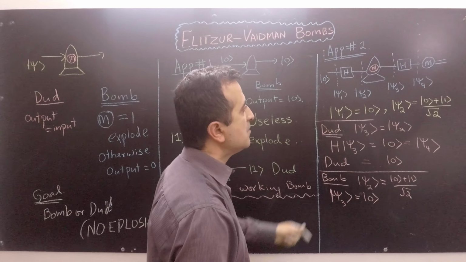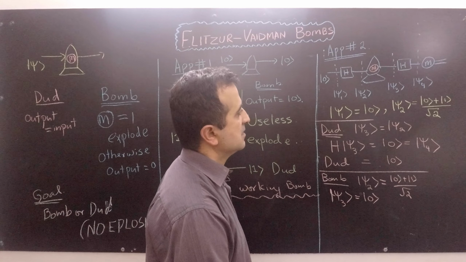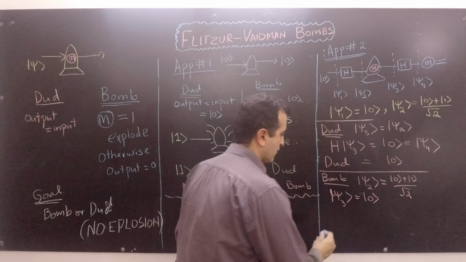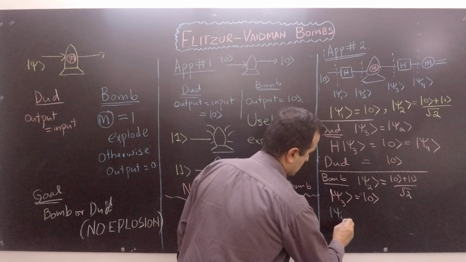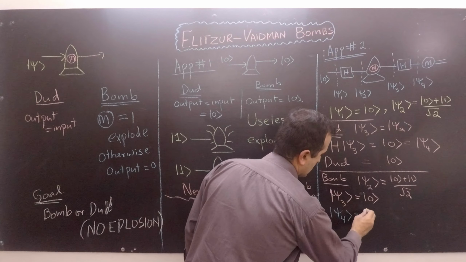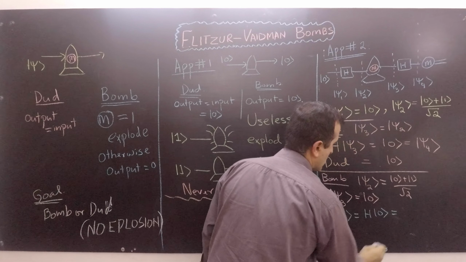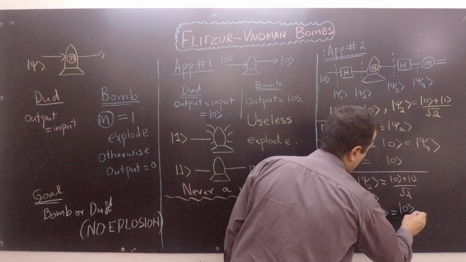We will apply Hadamard gate on ket 0 to attain ket psi 4. So ket psi 4 will be an equal superposition of 0 and 1.